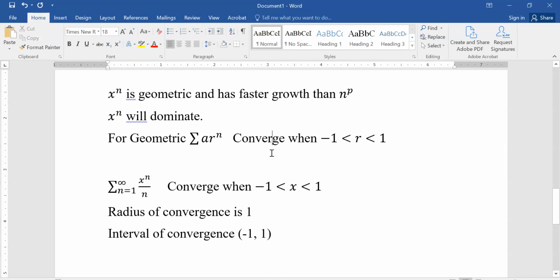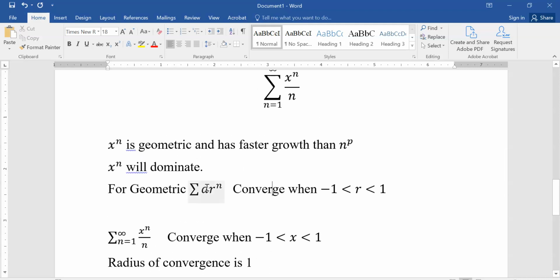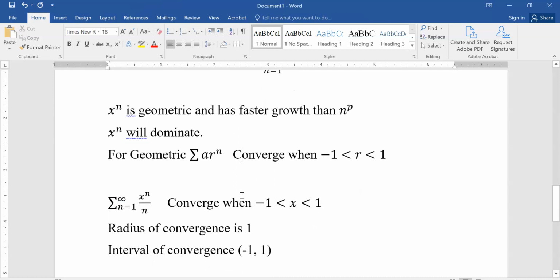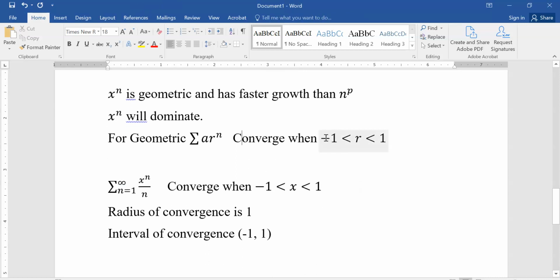Now, in our case, we don't have a fixed number as a coefficient. If I were to rewrite this, this would be like 1 over n times x to the n. So we don't have a fixed number as a coefficient. And so what we are going to have to worry about is at -1 and at 1, does this sum converge?